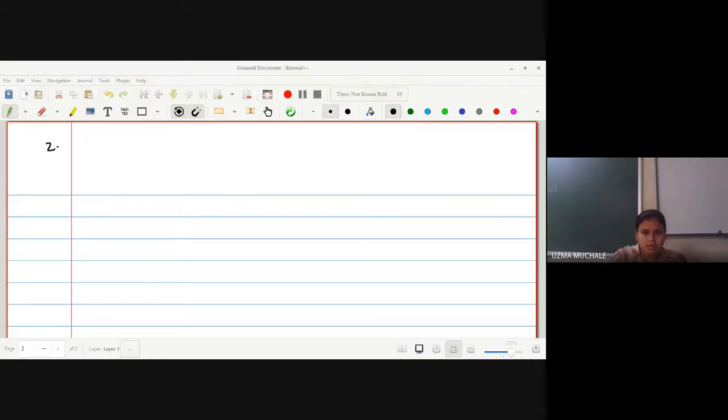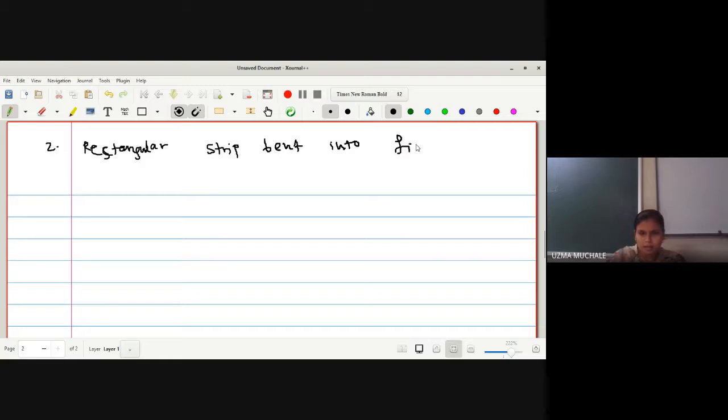Show that a rectangular strip bent into the figure 8 is not a surface. Okay.